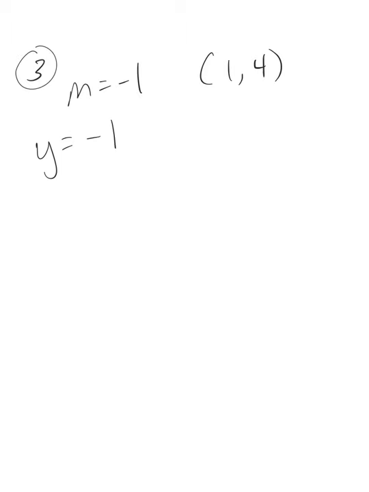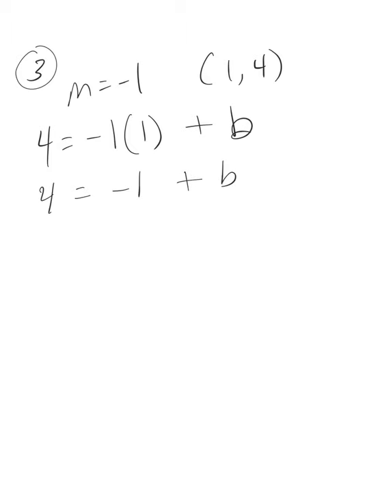So I'm going to plug -1 in for my m, 1 for my x. I don't know my b yet, but do I know a y? It's 4, right? So can I find b this way? It's close, it's going to be 5.